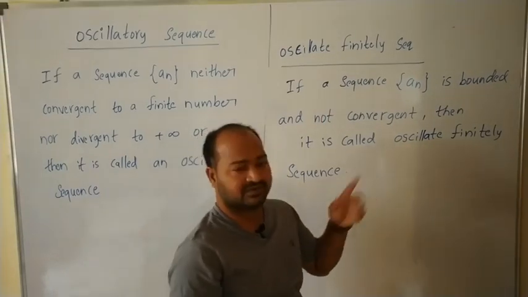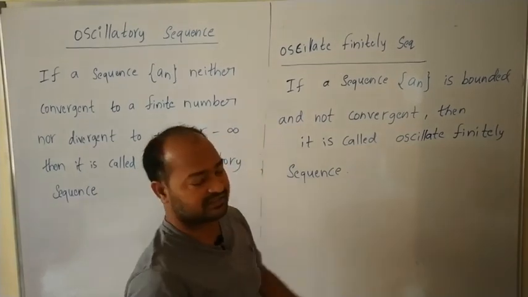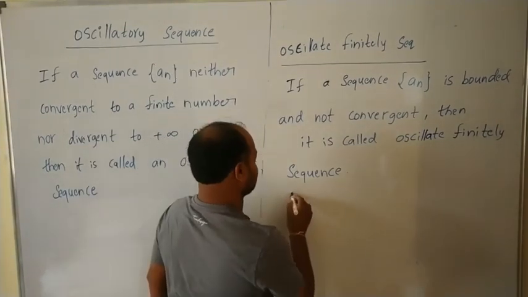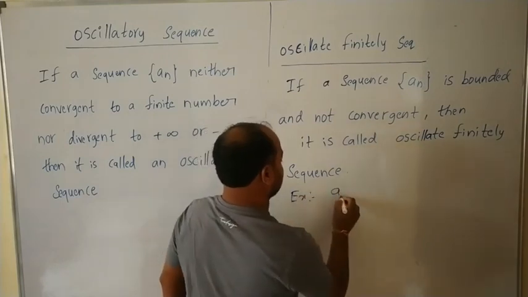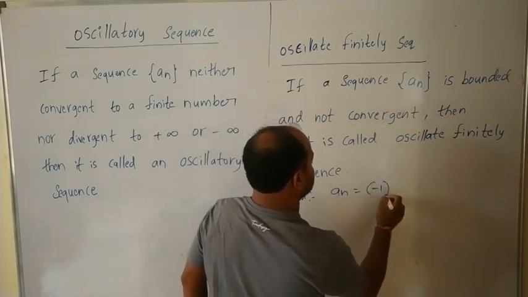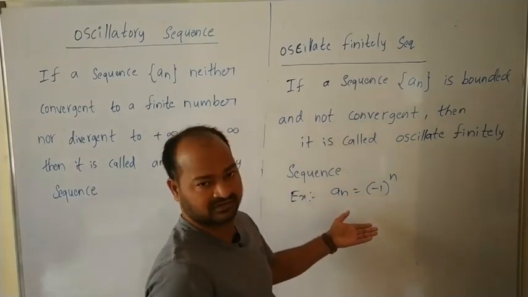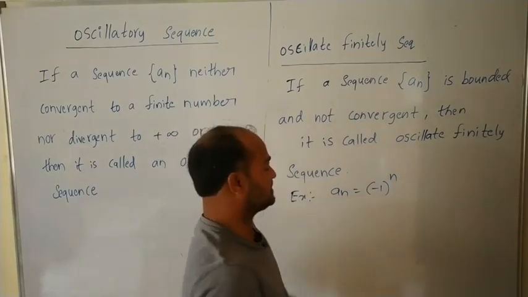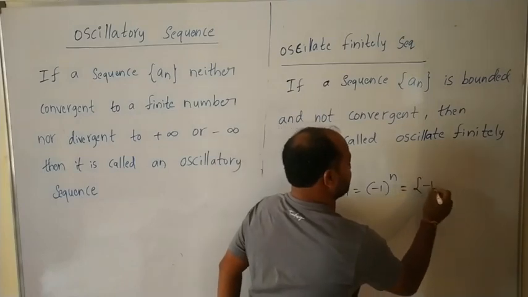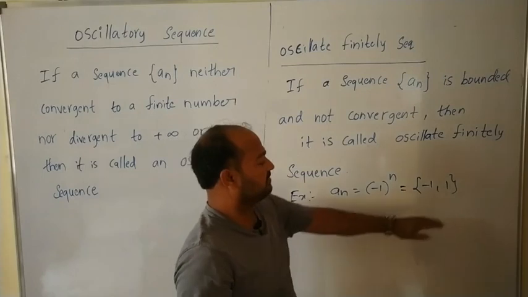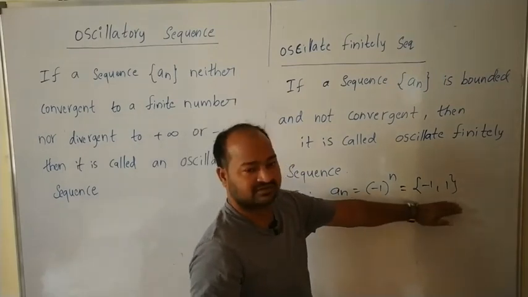Now let us see one example for an oscillate finitely sequence. For example, if we have a sequence an equal to minus 1 whole power n, we already know that the terms of this sequence will be minus 1 and 1. What is the upper bound and the lower bound?